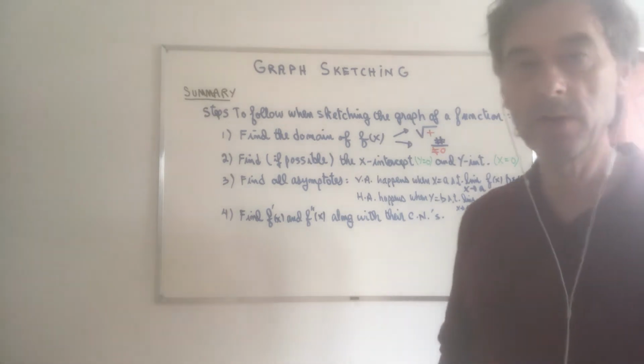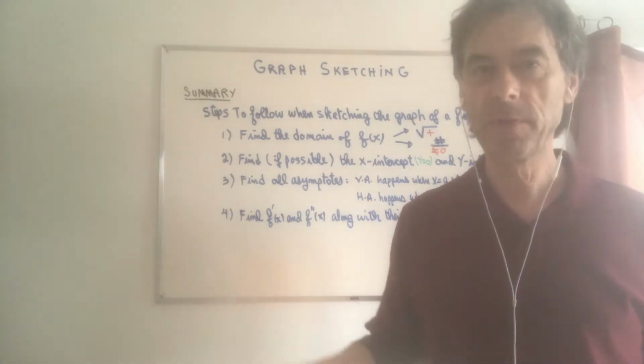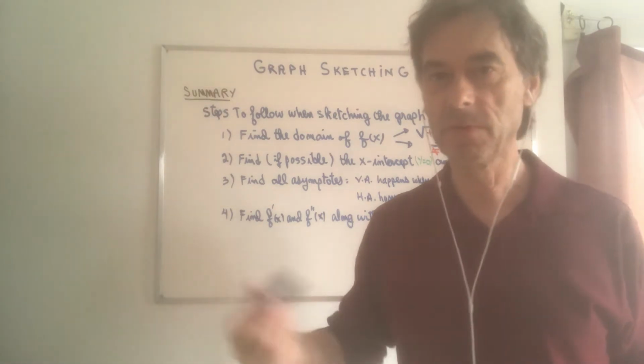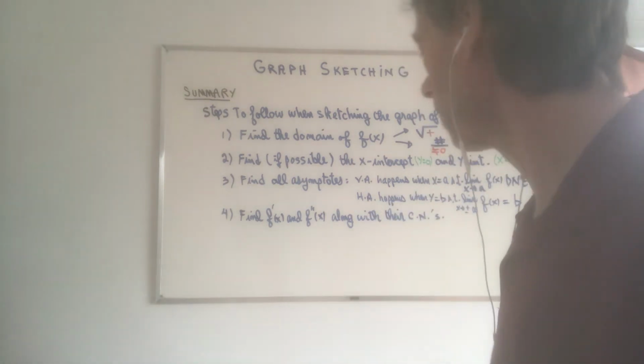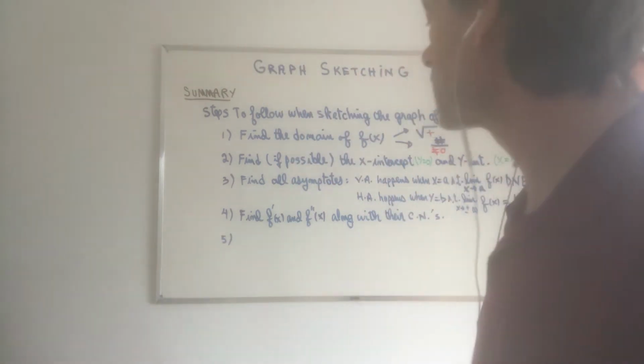I remind you that a critical number for f prime or f prime prime is a number that makes the numerator 0 or the denominator 0. We've seen that extensively. I'm not going to write it down. Step 5, and second to last.